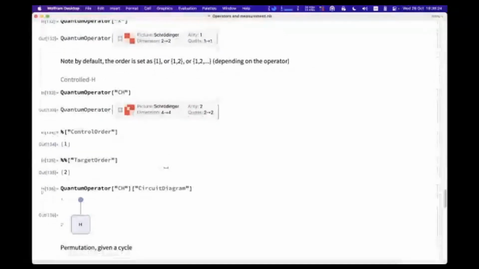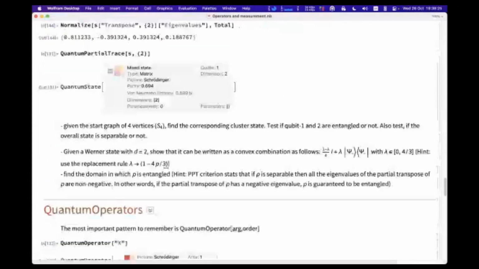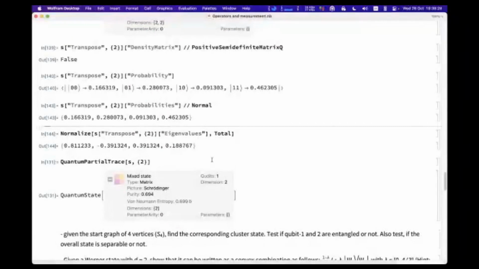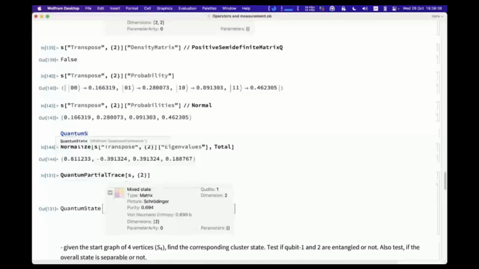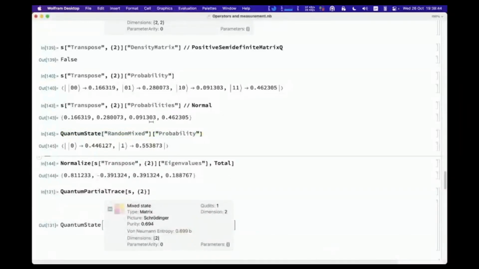One thing you have to remember: whenever you're doing fancy operations, make sure your state is an actual, real physical state. Otherwise, many of your measures are going to be strange. For example, a very common mistake I have seen is people generating random states using just a random complex function.